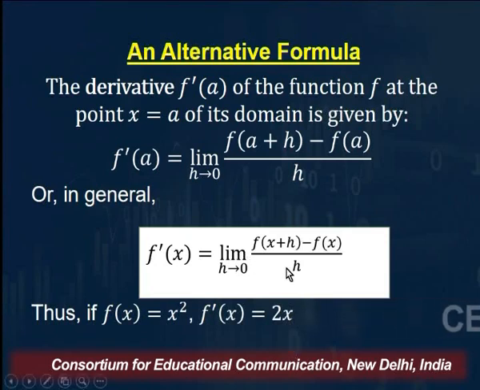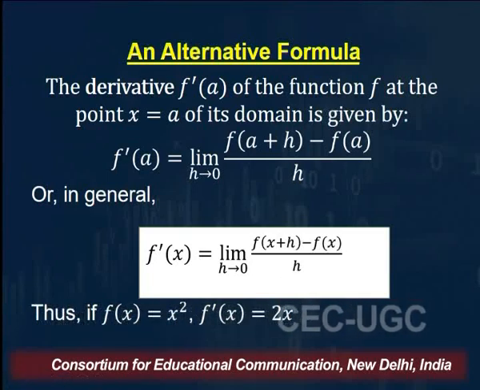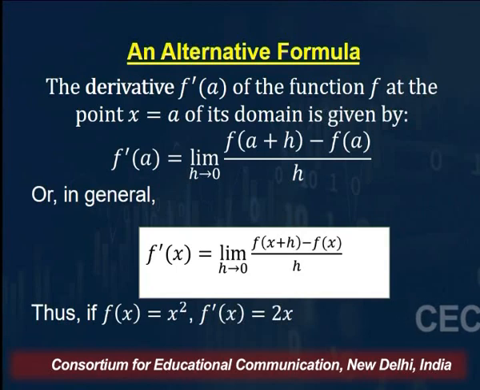And if you want to calculate the value of the derivative at point a, then you can simply put x equal to a, and you're going to get exactly the same formula as the one above. So in general, I can write the formula for the derivative as the limit of f of x plus h minus f of x divided by h.